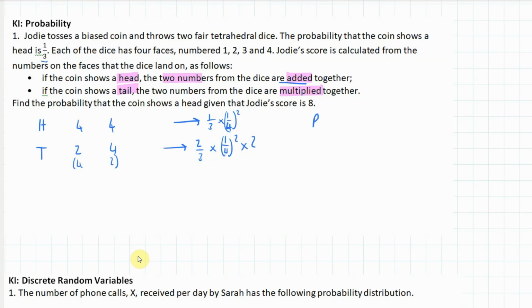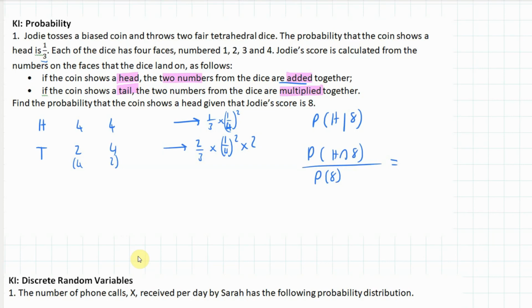Now we are trying to find the probability of head given score is 8. Given that we have an 8, okay? Well, this is equal to the probability of head intersection 8 over the probability of getting an 8, okay?